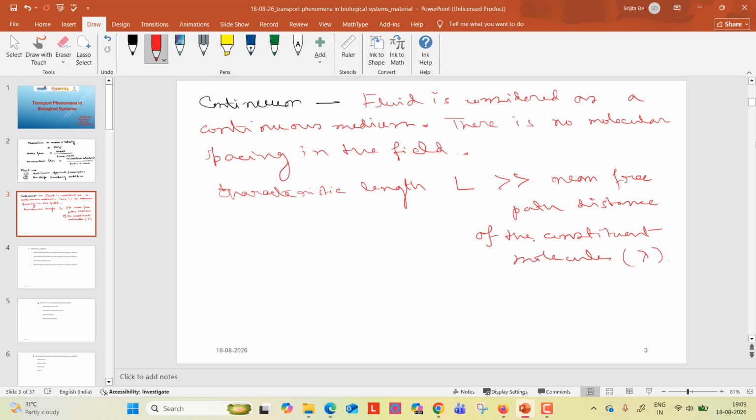Suppose we are considering a pipe flow, or a blood flow in our body. Here the length of the blood channel, or even the diameter of the blood vein, whichever is the characteristic length, has to be greater than the mean free path.